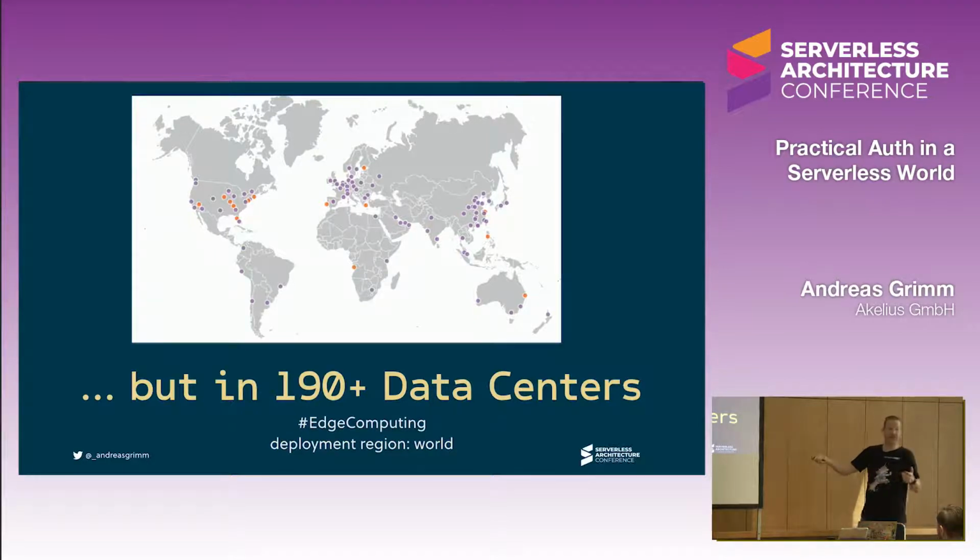Cloudflare data centers are available in, I guess today, 194 cities. So they're very close to the client. We could even talk about edge computing in this case. And when we deploy our code, it goes to all of the data centers in the world at once.